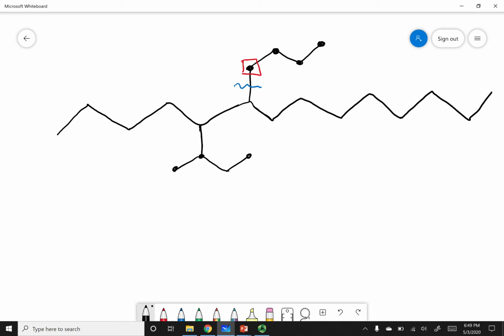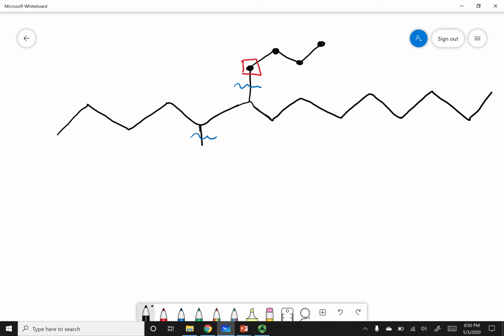So 1, 2, 3, and 4. And you'll notice the attachment of my substituent is to that second carbon right here. So this one is called sec-butyl. The sec stands for the second carbon in that butyl group. So I hope you guys can see the difference between these 2 substituents. Again, they're both 4 carbons long, but I'm attaching it at a different place.